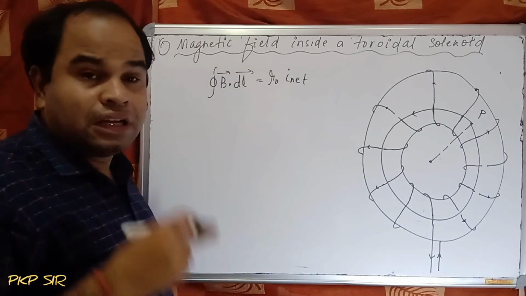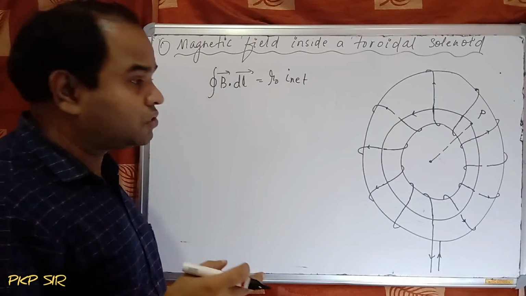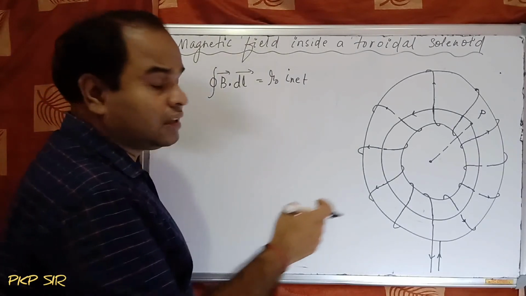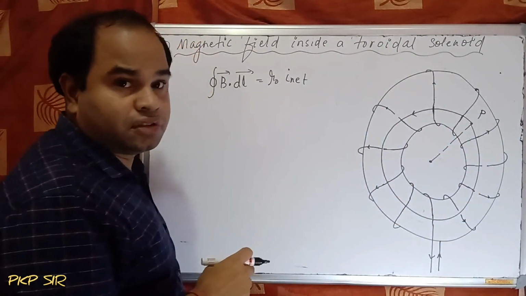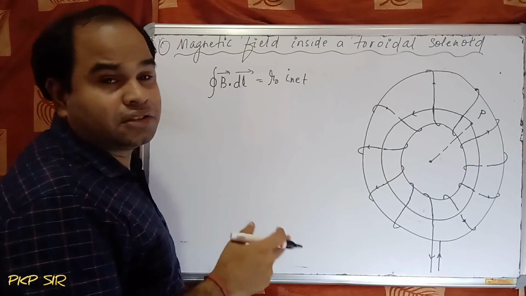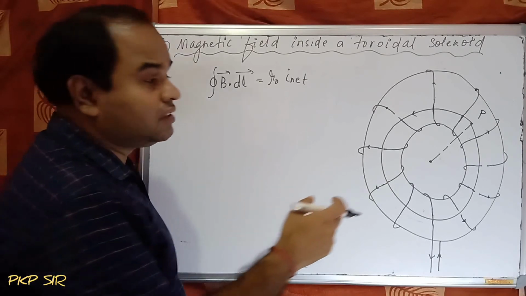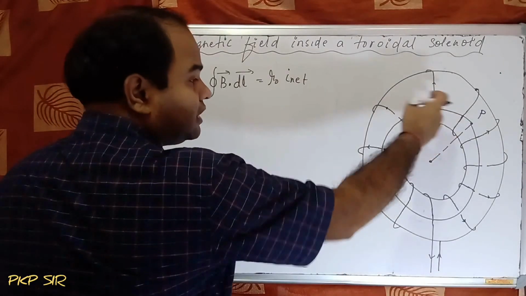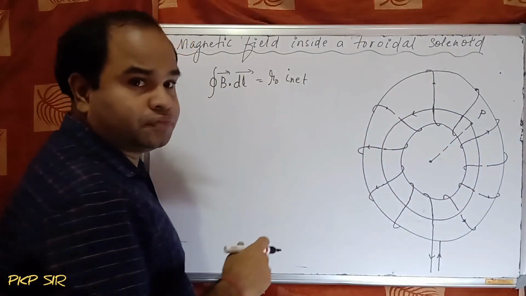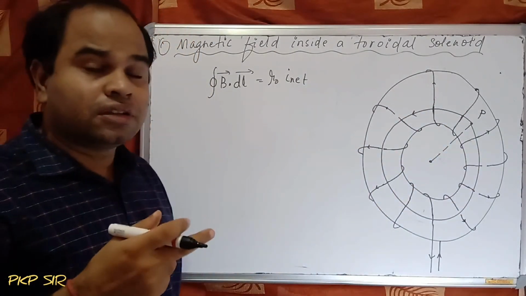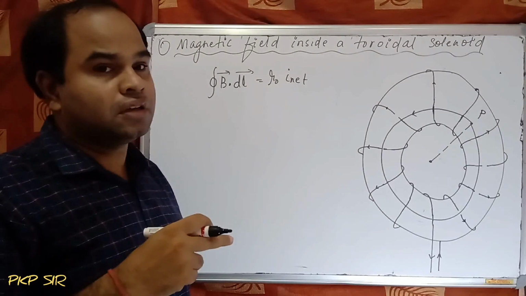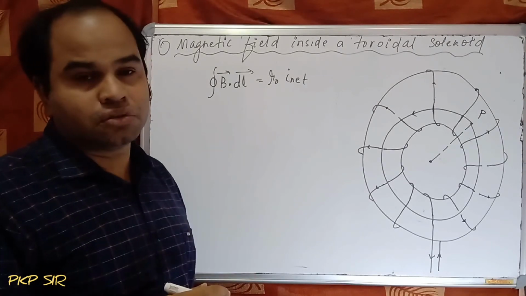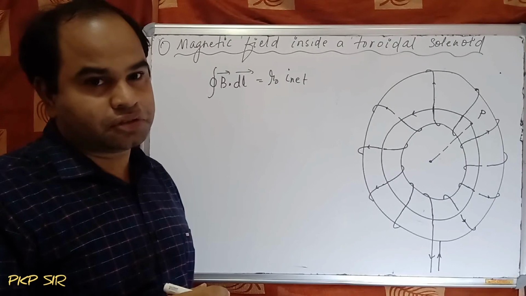Let us assume the direction of magnetic field inside the toroid is also anti-clockwise. So the loop is anti-clockwise and the magnetic field is also anti-clockwise.